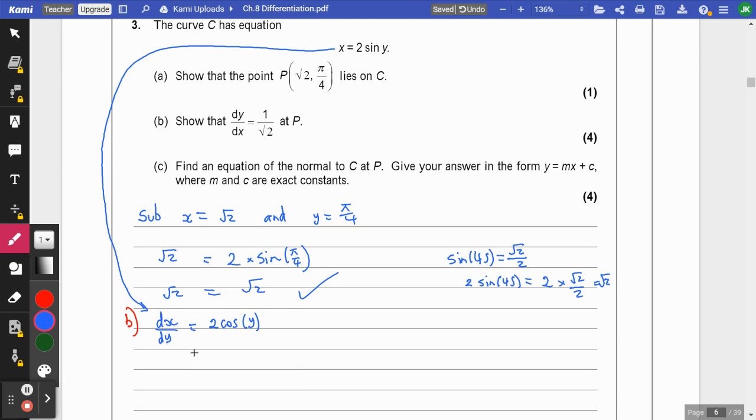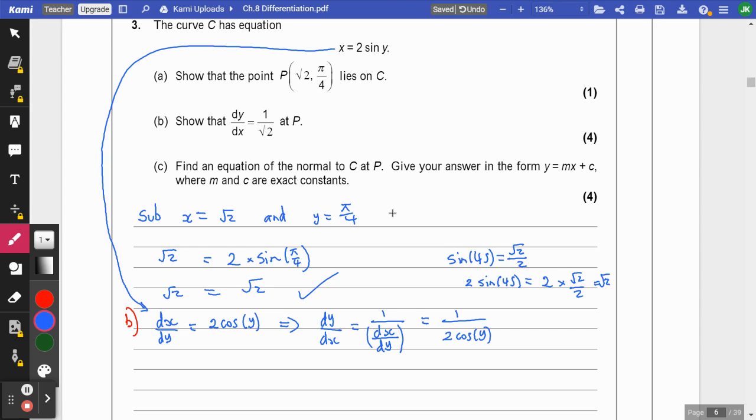And then that implies that dy dx equals 1 over dx by dy, which equals 1 over 2 cos y.